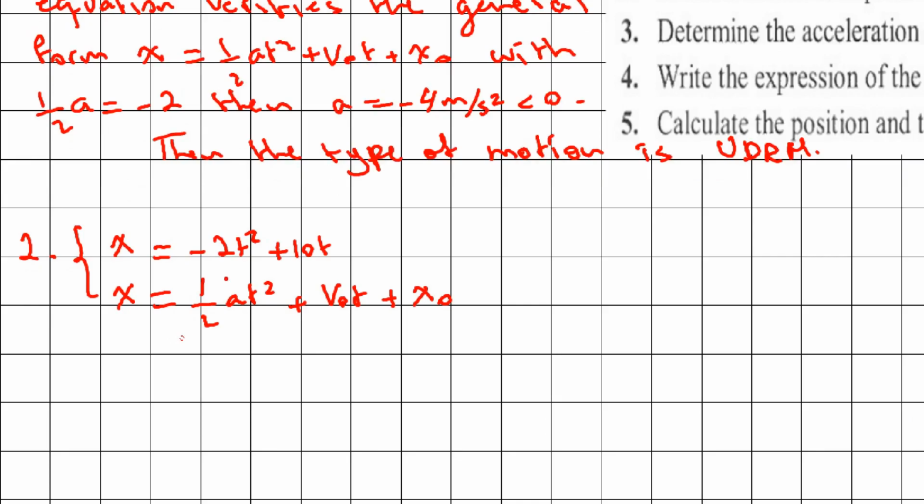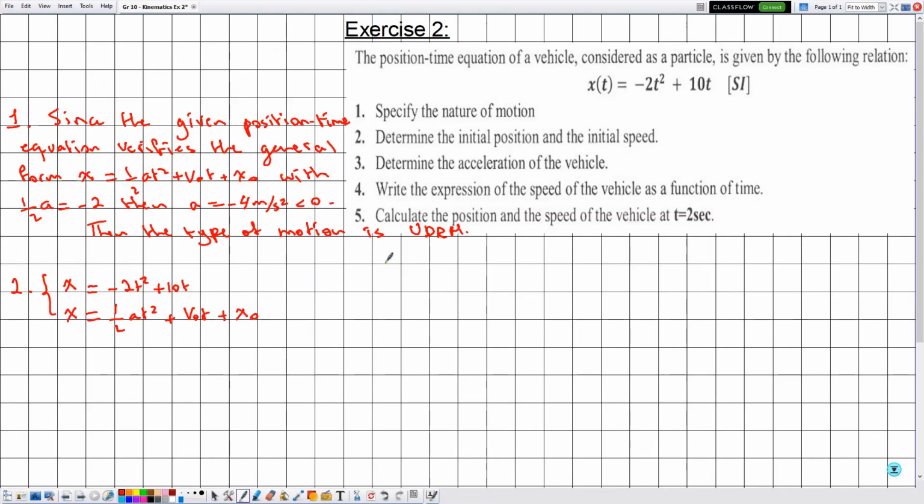Knowing that the quadratic term corresponds to the acceleration, the linear term corresponds to the speed, whereas the constant corresponds to the initial position. So here they are asking us about the position and the initial speed.